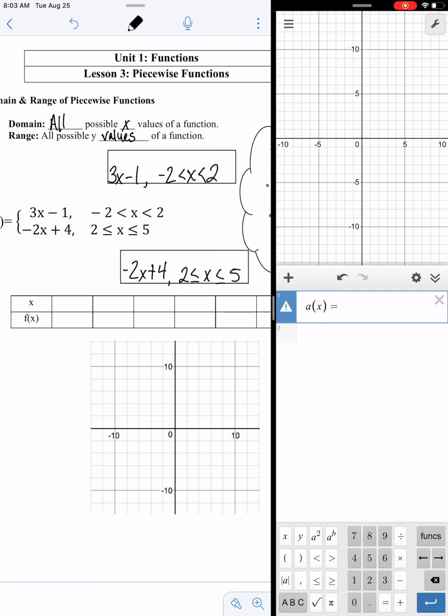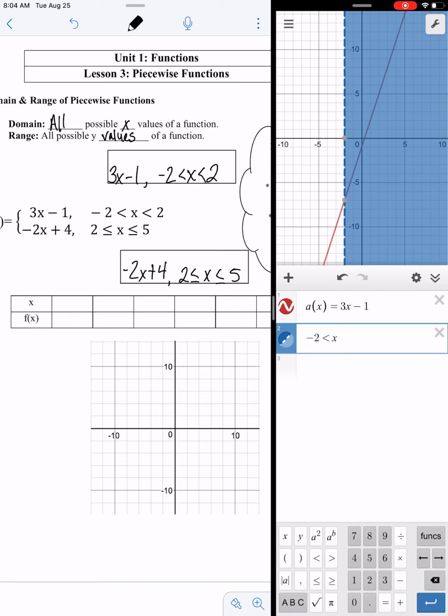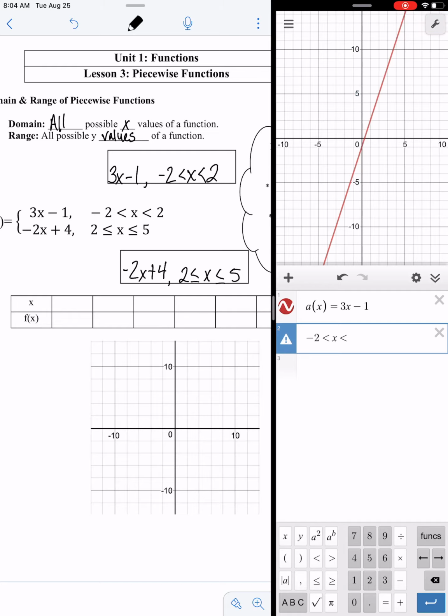So a of x equals 3x minus 1. So I get this red graph. Then I type in my inequality, -2 is less than x, and then x is less than 2.